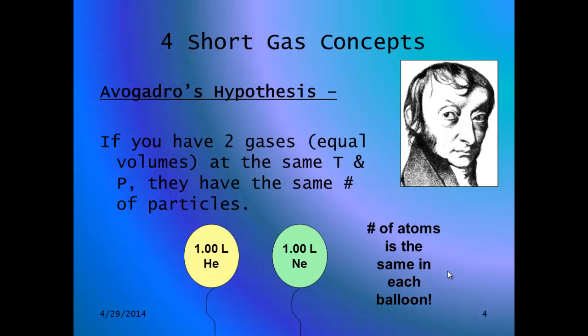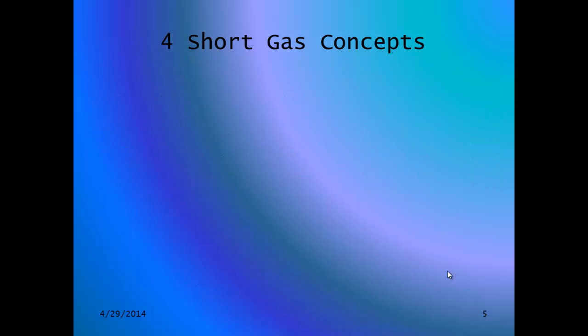Regardless of what gas you were to use for that problem, this hypothesis is the reason that the substance doesn't matter. It doesn't matter if you use oxygen or hydrogen or carbon dioxide. The number of particles in each container would be the same, as long as you have the same volumes.